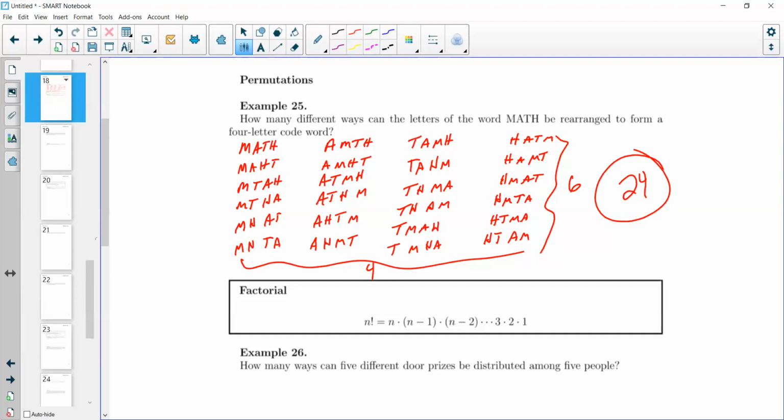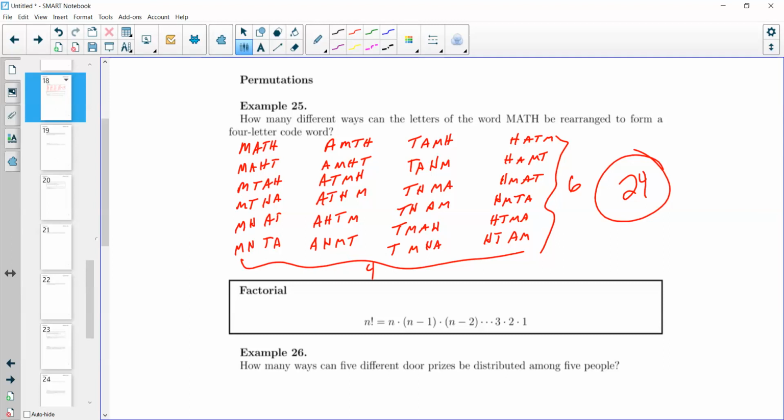Anybody familiar with factorial? Anybody? Couple? So factorial is symbolized by putting an exclamation mark after usually the number. So in general, n factorial is equal to n times n minus 1 times n minus 2 all the way down to 3, 2, 1.